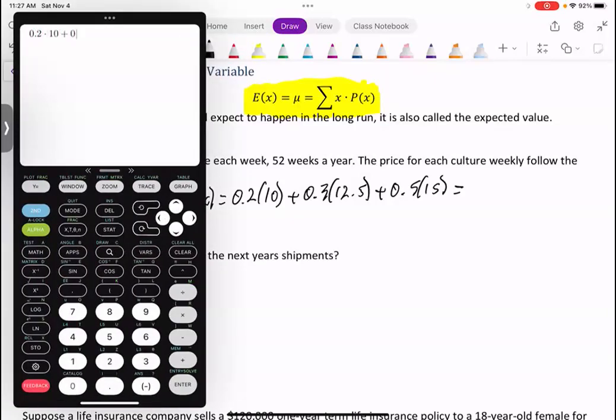Using my trusty calculator here. And I'm getting, on average, I would expect on any given week it to cost about $13.25 as our expected value.